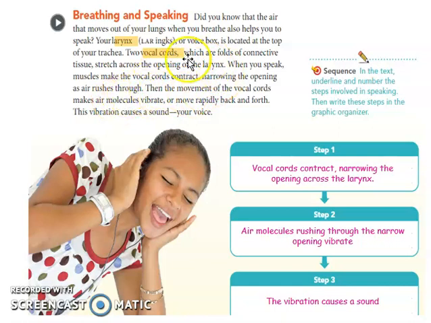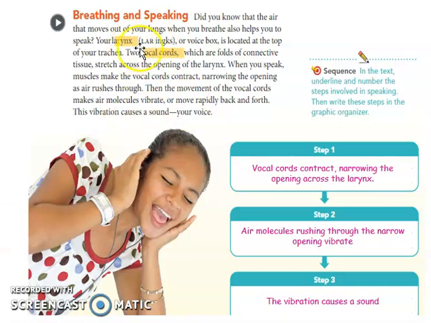So there is a vibration happening when you are opening your mouth, and when air passes through, that causes a vibration, and then when vibration happens, it causes a sound. I will show you a video of how sound is created in our larynx. Okay.